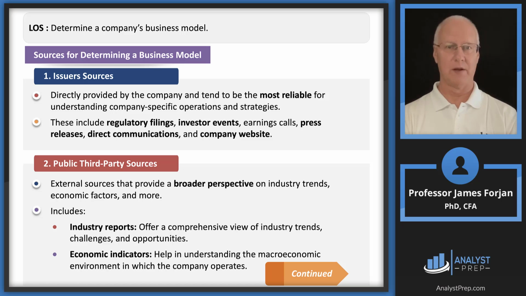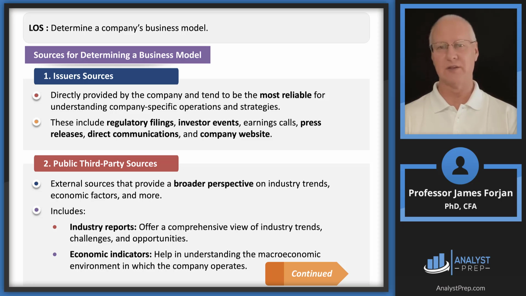So how do we determine what that business model is? Well, we just ask the company, right? If we're a well-known analyst, we can just pick up the phone and call the CEO of Johnson & Johnson and say, hey, tell me about your business model. But if we don't have that kind of access, well, we can get it in publicly available information. We can do this from third-party sources, industry reports, economic indicators.